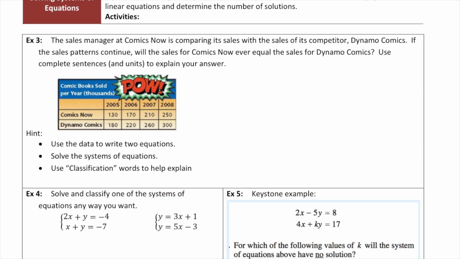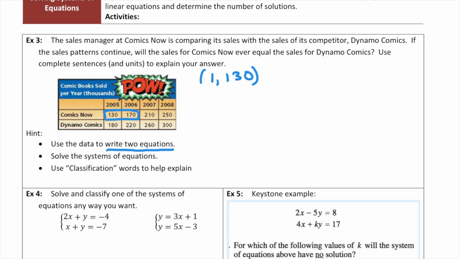For example 3, as you read it, notice that you do not have 2 equations. You're going to have to find them. In order to find these 2 equations, write the 2 equations using points and slope. So I'm going to start by writing a linear equation for the comics now. 2005, I'm going to refer to as x equals 1, and I'll have 130, and that'll be books that are sold in that year.